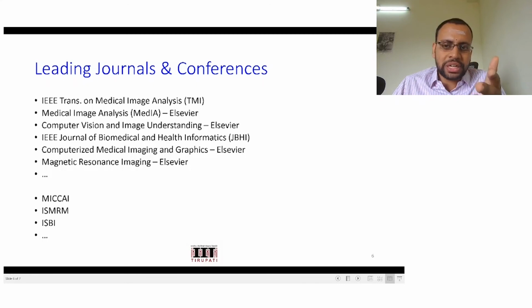For example, when it comes to journals, IEEE Transactions on Medical Imaging, then Medical Image Analysis Journal by Elsevier, then Computer Vision and Image Understanding from Elsevier, then IEEE Journal of Biomedical and Health Informatics, referred to as JBHI, then Computerized Medical Imaging and Graphics by Elsevier, then Magnetic Resonance Imaging, again from Elsevier.